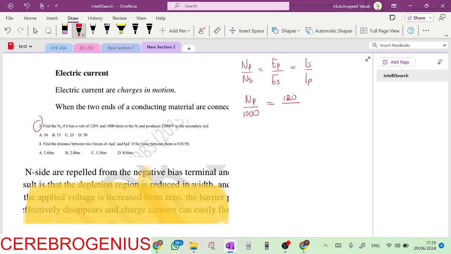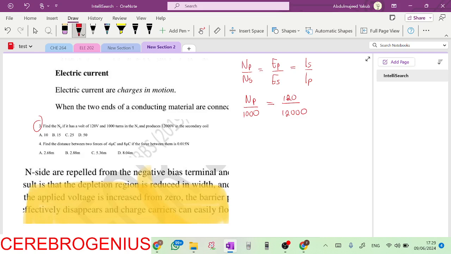and it produces 12,000. Now the question is not well worded. It says it has 120 volts. That should be the input or the EMF in the primary. So it should be well stated that the EMF in the primary coil is 120 volts, not that you say it has 120 volts.